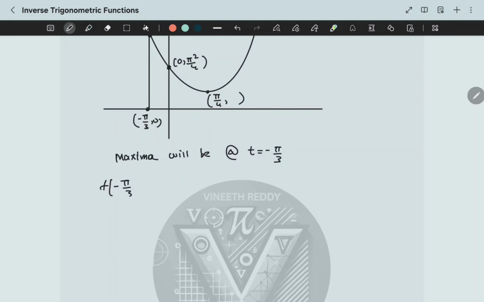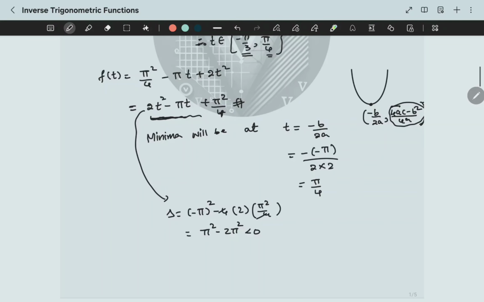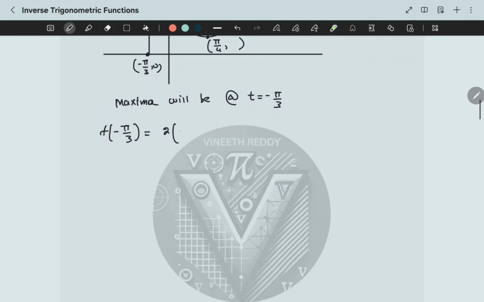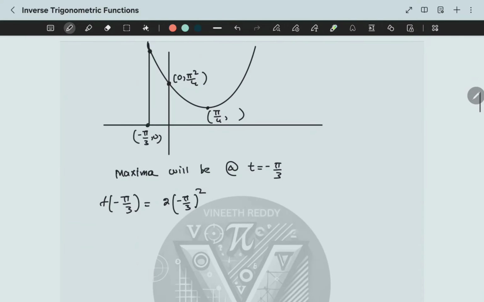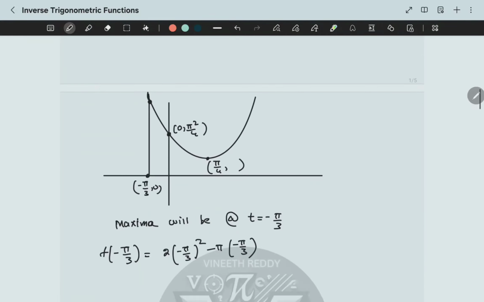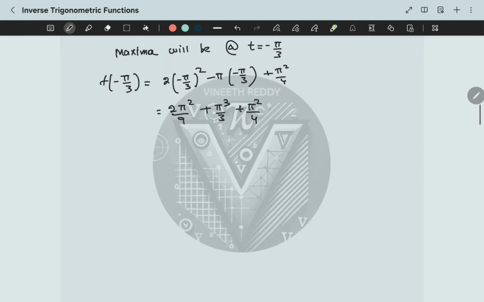So f of minus pi by 3 should be, substituting in this equation, 2 into (minus pi by 3) whole square minus pi into minus pi by 3 and then plus pi square by 4. If I do that, I'll get 2 pi square by 9 plus pi square by 3 plus pi square by 4.